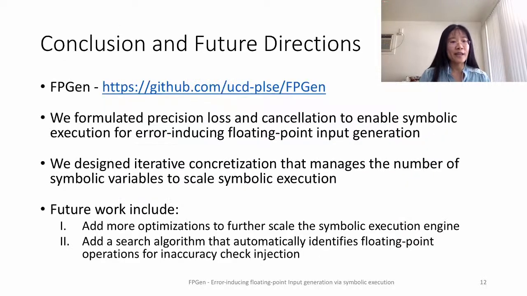To conclude, in our error-inducing input generation, we formulated precision loss and cancellation to enable symbolic execution for error-inducing floating point input generation. Second, we designed iterative concretization that manages the number of symbolic variables to scale symbolic execution.